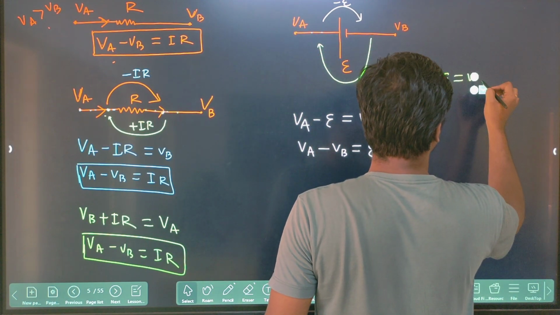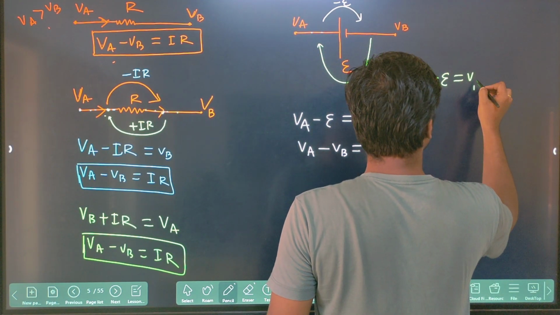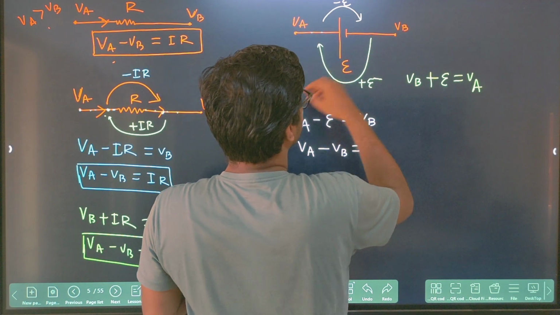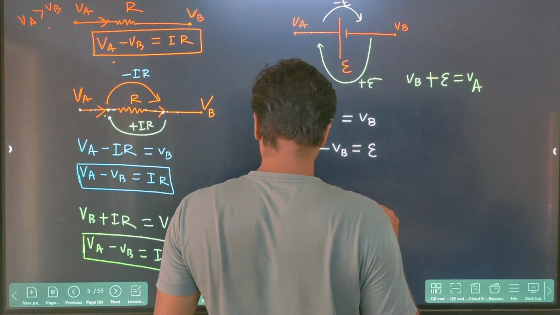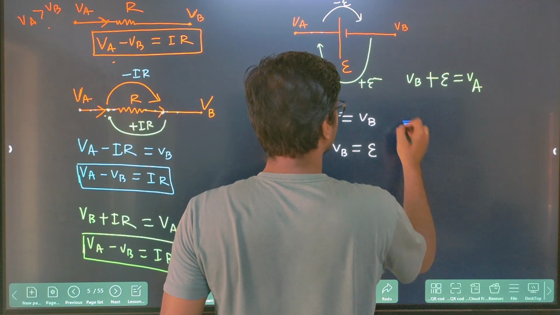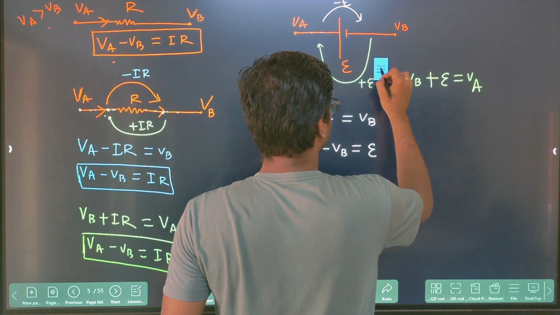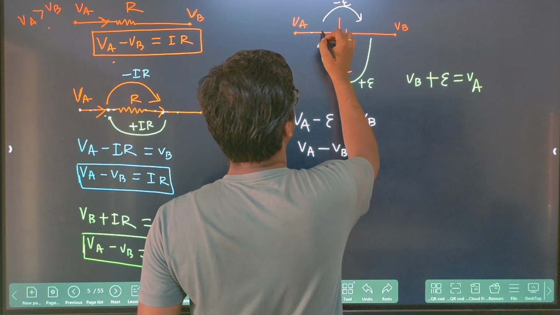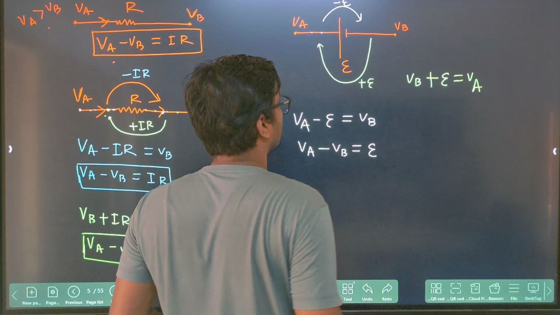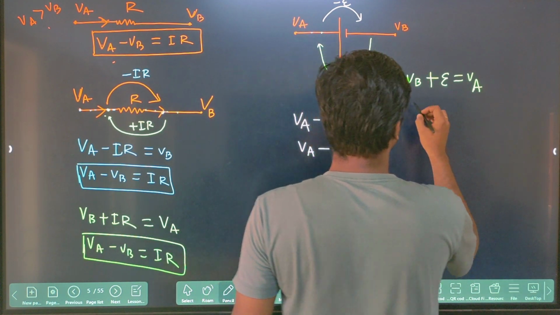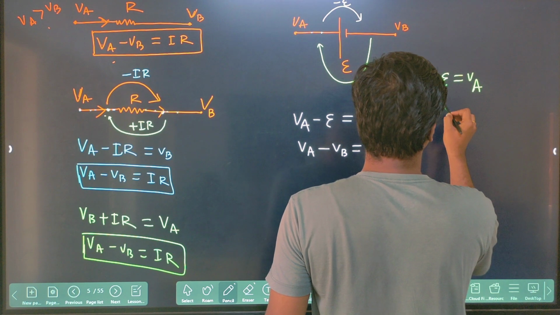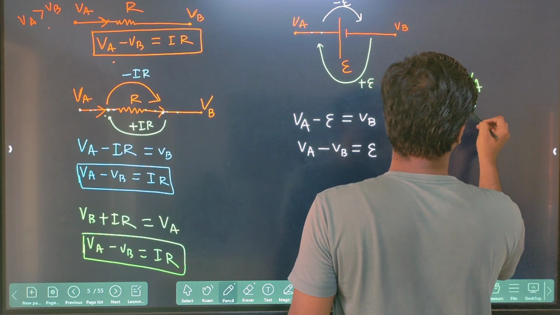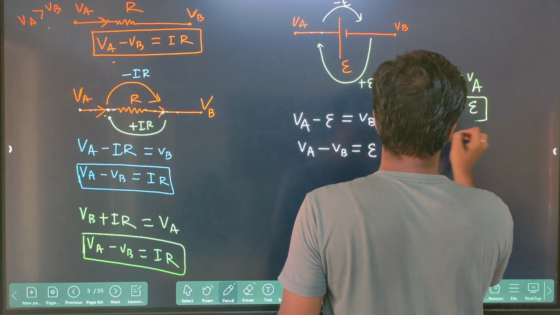So the potential will increase by E. Here it is VB plus E, equal to VA. So VA minus VB is equal to how much? Your E. This way you can write.